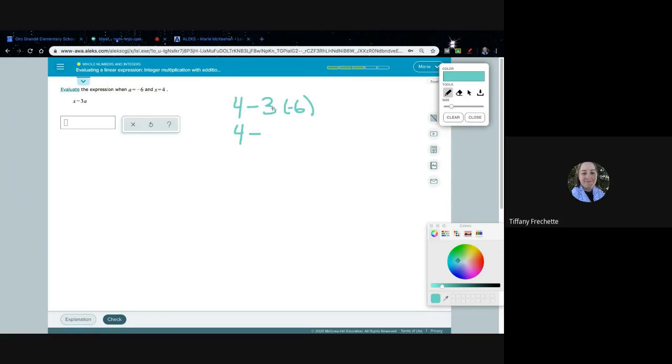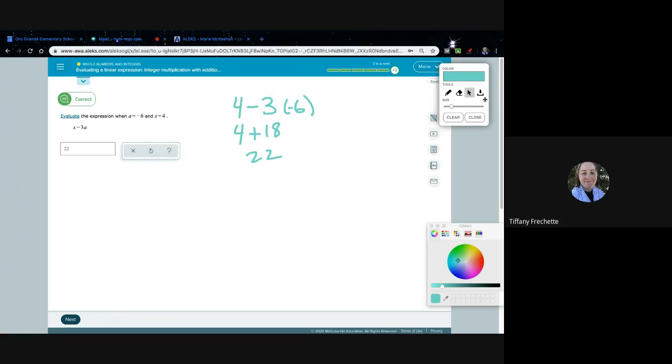It's just how we read it. So we have a negative 3 times a negative 6. Two negatives in multiplication actually mean plus. Now I can just focus on the numbers: 3 times 6 is 18. Now I can add these together, and I get 4 plus 18, and that is 22. So we get 22, and check. All right, we finished another one.